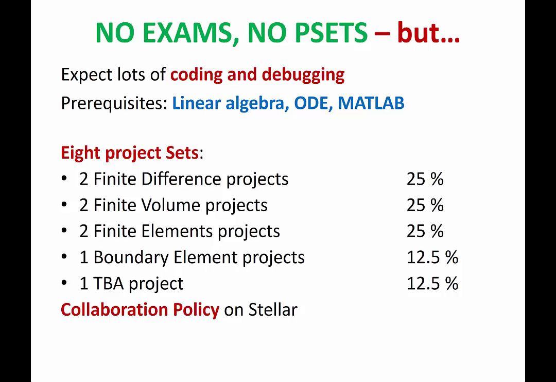And on top of being able to write software, write code to solve problems, you should expect a huge difference between writing numerical code and writing regular code for other computer science applications. And this difference especially shows up in the debugging phase.